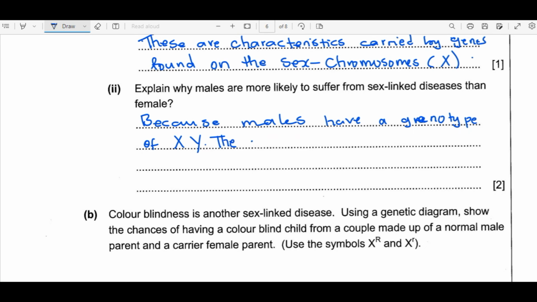The Y chromosome does not carry these characteristics.